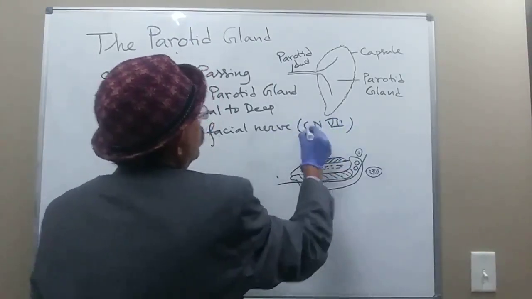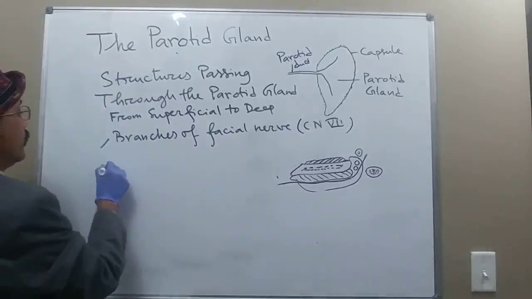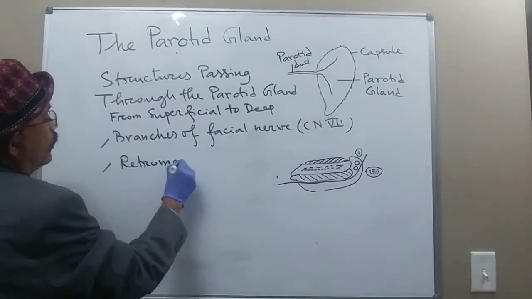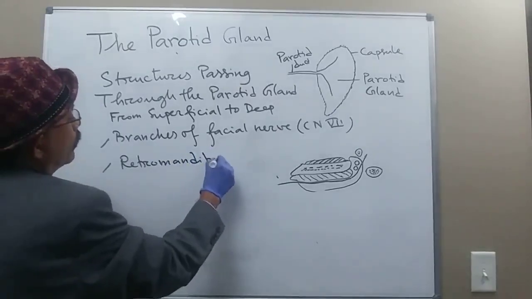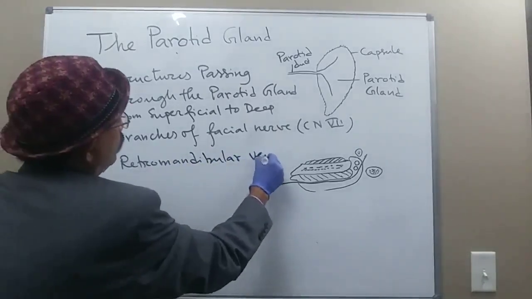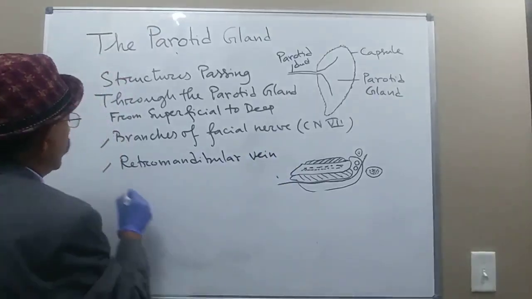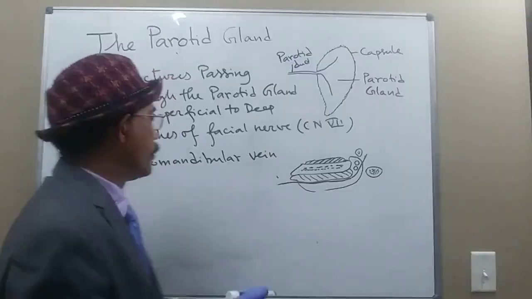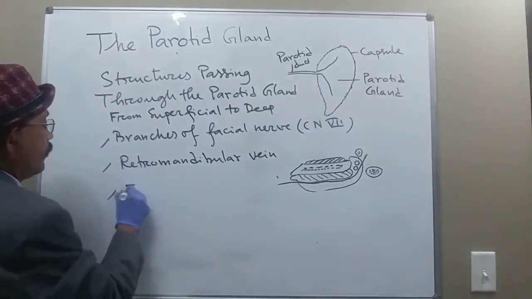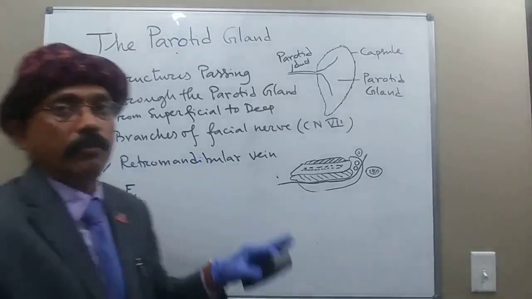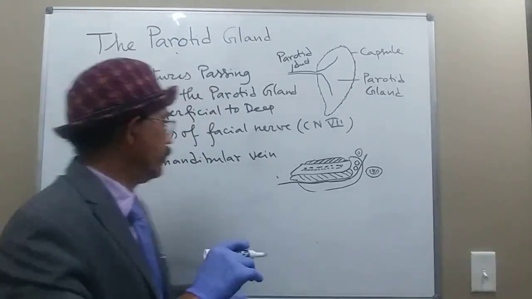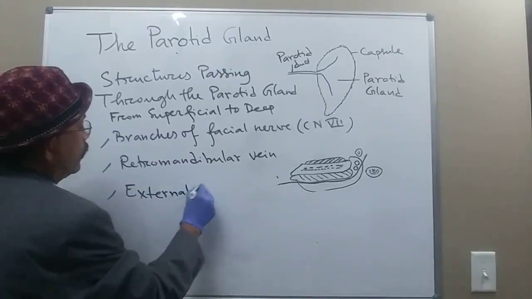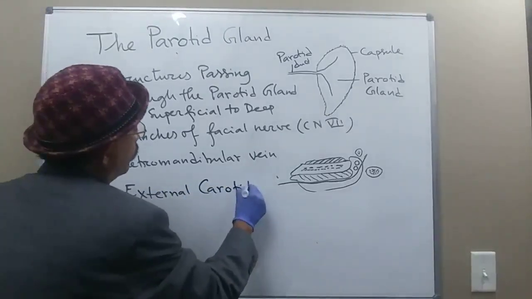Then we get the retromandibular vein. Then we get the external carotid artery, its termination, the retromandibular vein formation and its division.